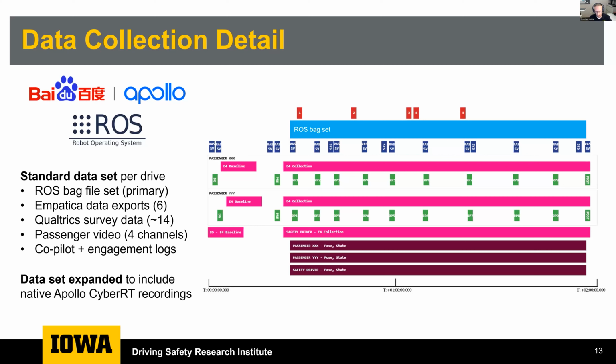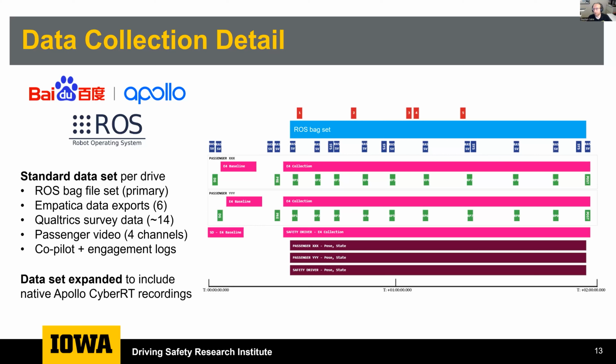So we want to leverage that as much as possible. The other reason is that ROS is pretty widely used across the industry for multiple automation platforms. So we wanted to make something that was digestible and usable by a wide population.